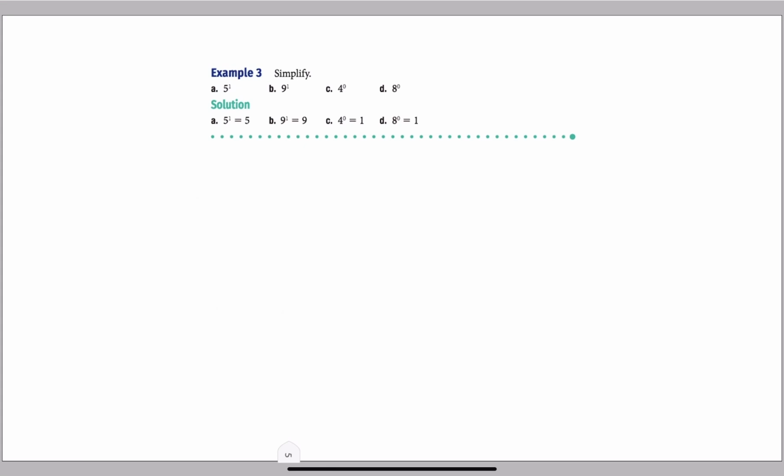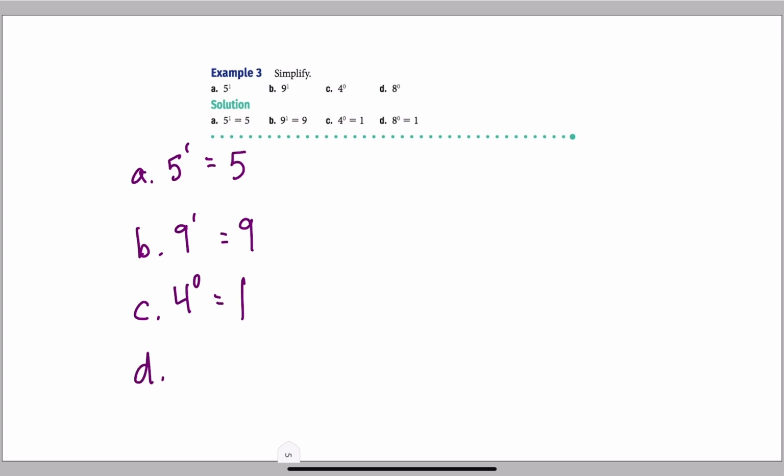So let's simplify some of these expressions. A, 5 to the first power is one factor of 5. B, 9 to the first power, one factor of 9. C, 4 to the 0 power, anything to the 0 power, as long as it's not 0, is 1.